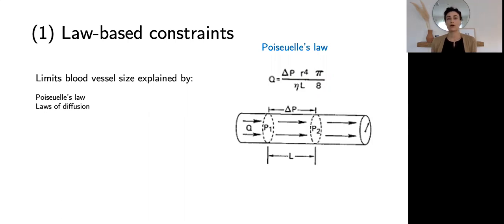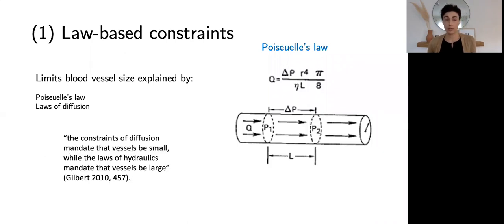So what we have are Poiseuille's law, which is placing a lower limit on blood vessel size, while the laws of diffusion are placing a higher limit. In other words, as biologists state, the constraints of diffusion mandate that vessels be small, while the laws of hydraulics mandate that the vessels be large.